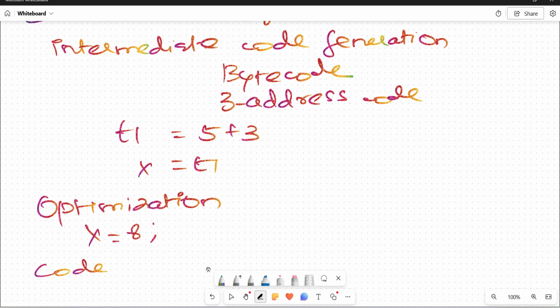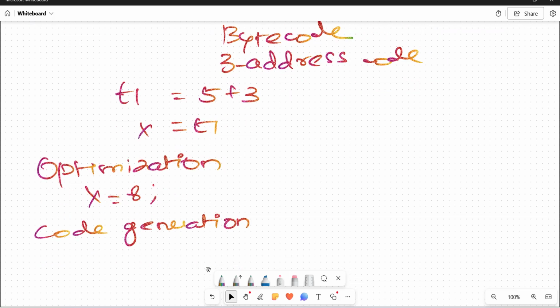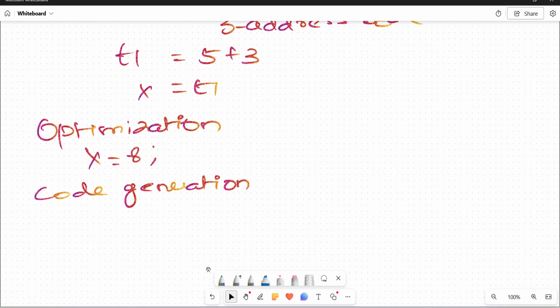And the next step is code generation. In this step, it converts the intermediate code to machine code for the target CPU and stores the output file, like .exe or .out, depending on the OS and the processor that we are using.